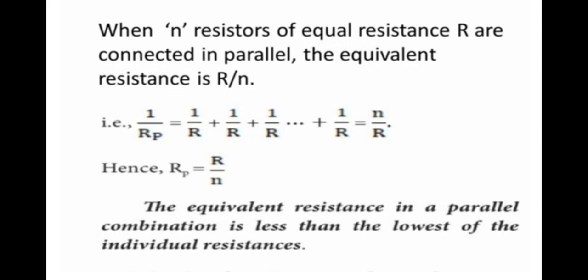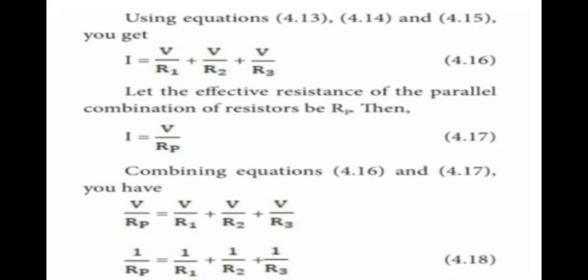Why are we taking Rp? It is a parallel resistor. So combining equations 4.16 and 4.17, we have V by Rp is equal to V by R1 plus V by R2 plus V by R3.